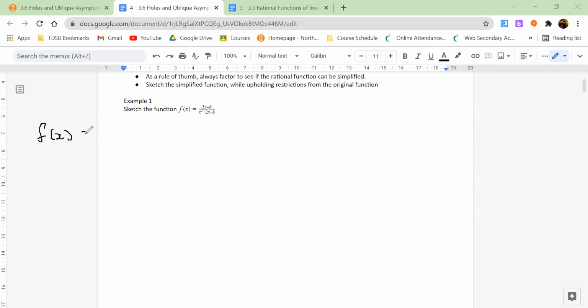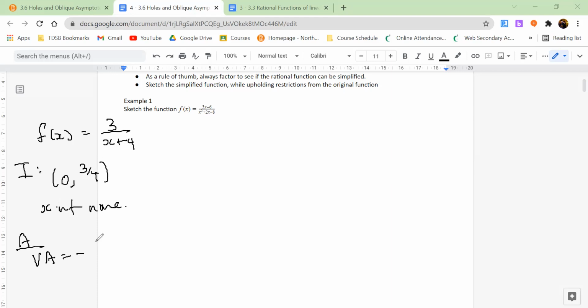So f of x is essentially going to be 3 over x plus 4. My y-intercept was (0, 3/4). And for x-intercept, there's none. For asymptotes, the vertical asymptote is negative 4.